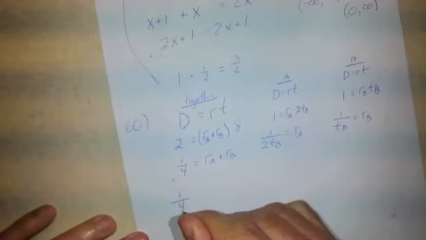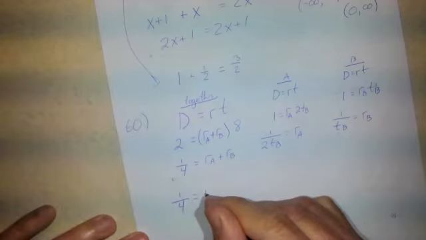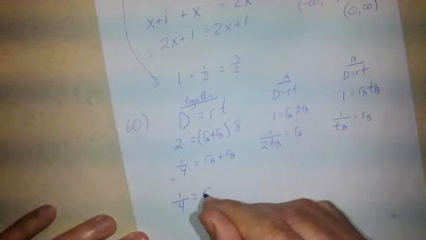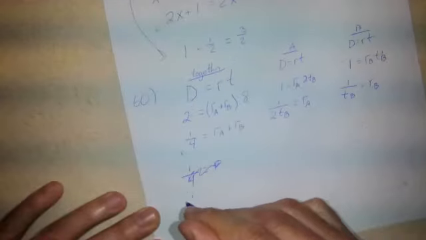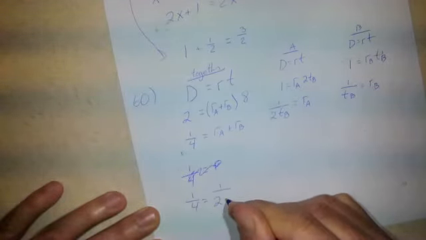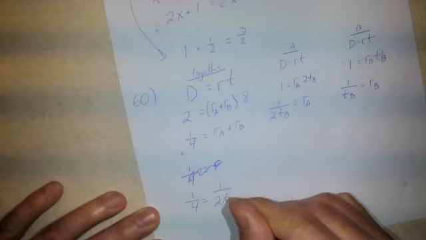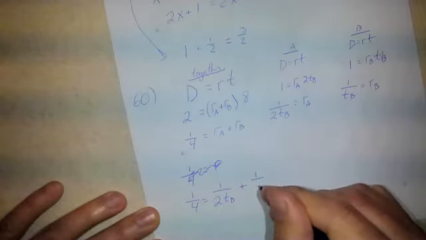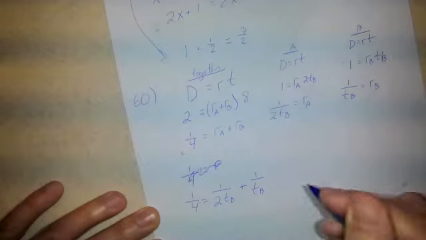Get that 1/4 equals 1 over 2 times the time of B plus 1 over the time of B.